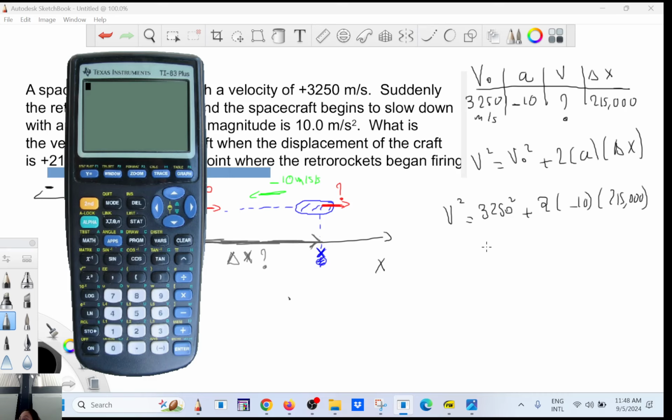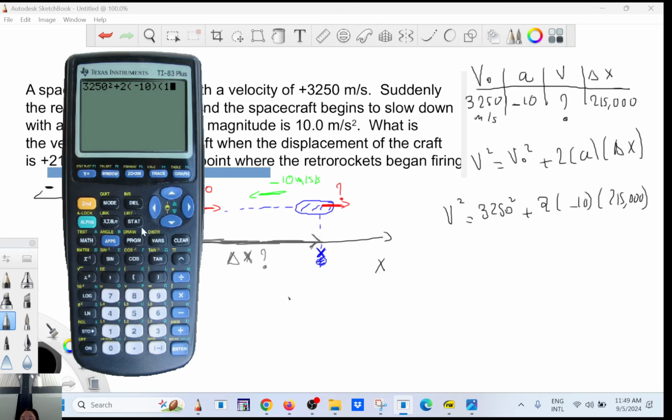Okay, do you agree with this? Yes. Okay, so 3250 square plus 2 times -10 times 215,000, close the parenthesis.